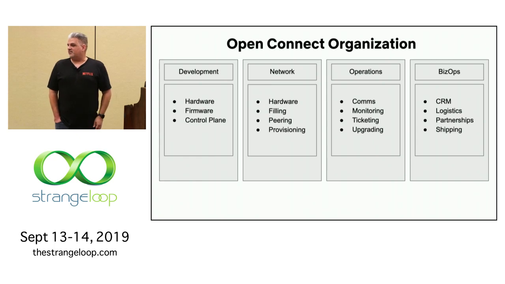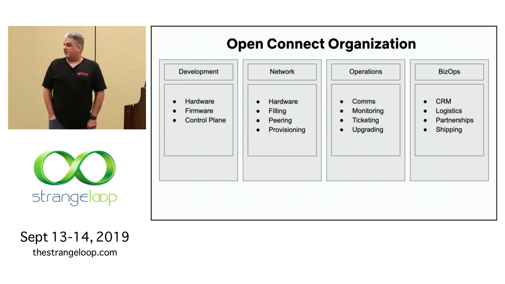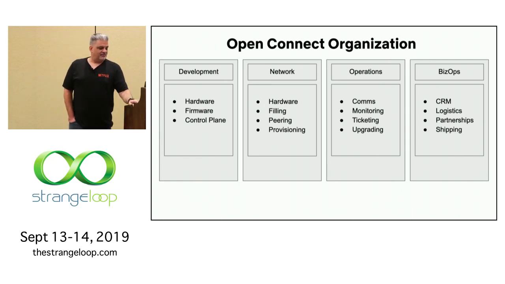And then general business operations: doing CRM, shipping things around, managing these partnerships with all of these ISPs. There's a lot of logistics around that, making sure all the right things are happening from the business sense.